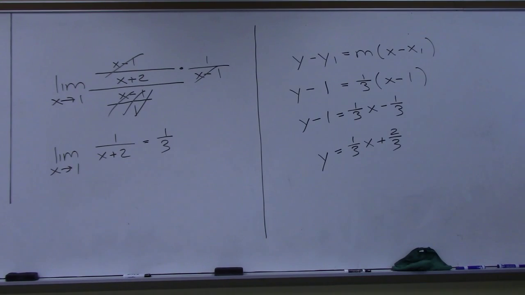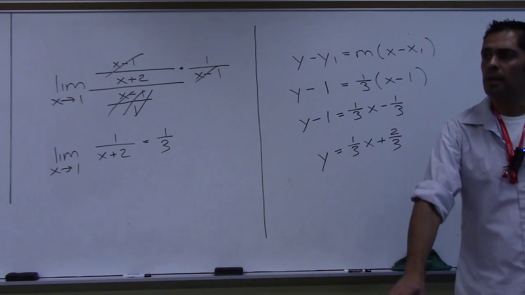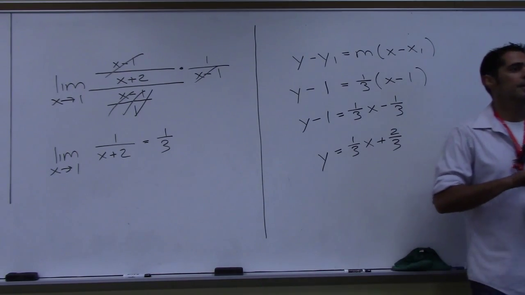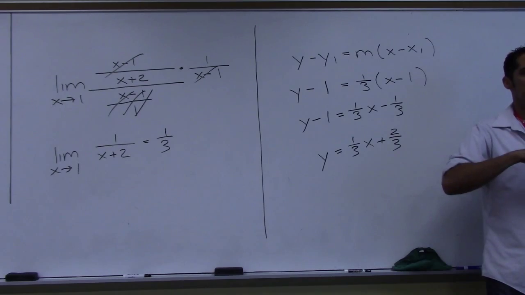And what point were we at? 1, 1. And then the line that we came up with was 1/3 x plus 2/3. There it is. So that's the tangent line that hits that graph at exactly 1 point.